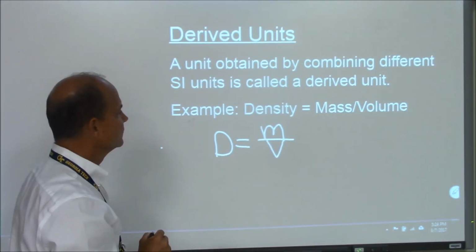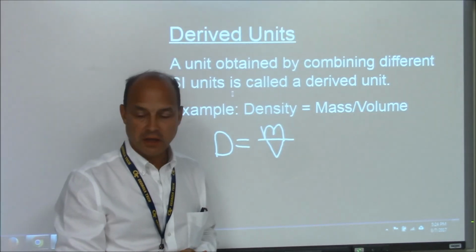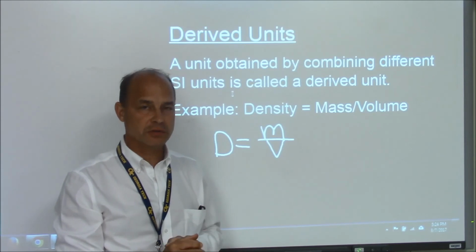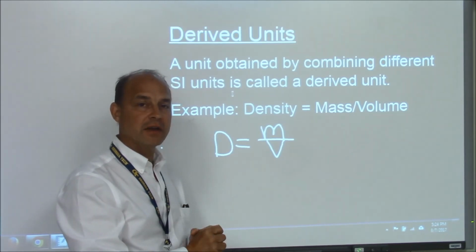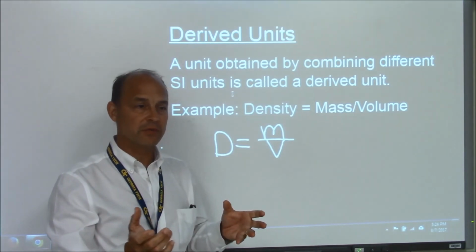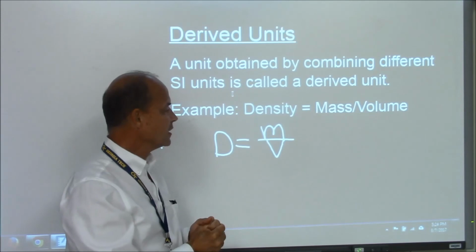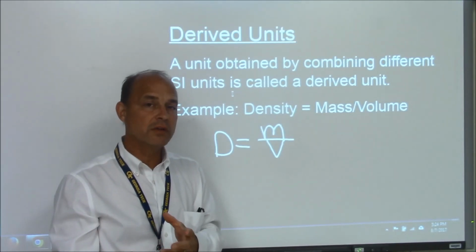Okay. So one of the first projects that you're going to be doing is determining the identity of an unknown substance. And the way you're going to verify the identity of that substance, you're going to predict what that substance is because you're going to measure the physical properties of that substance. And then you're going to compare those physical properties to the physical properties of known substances.